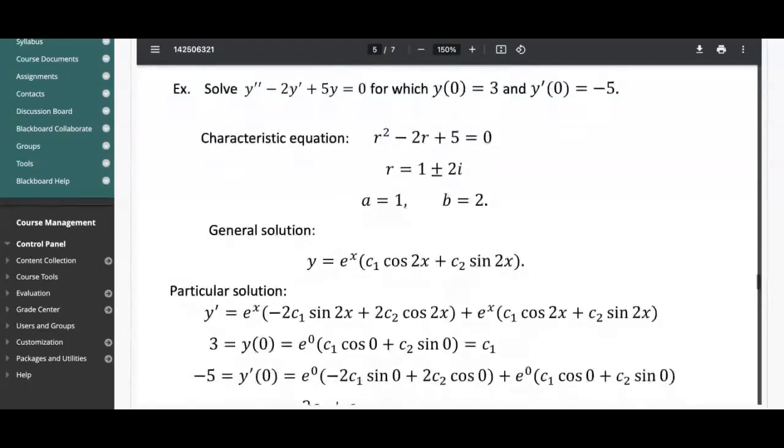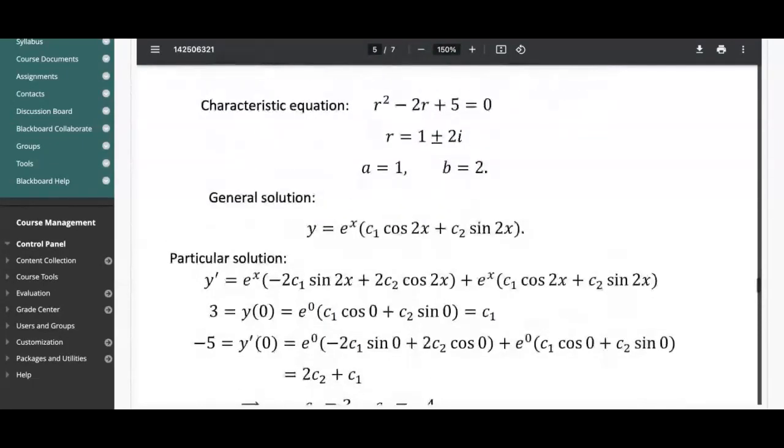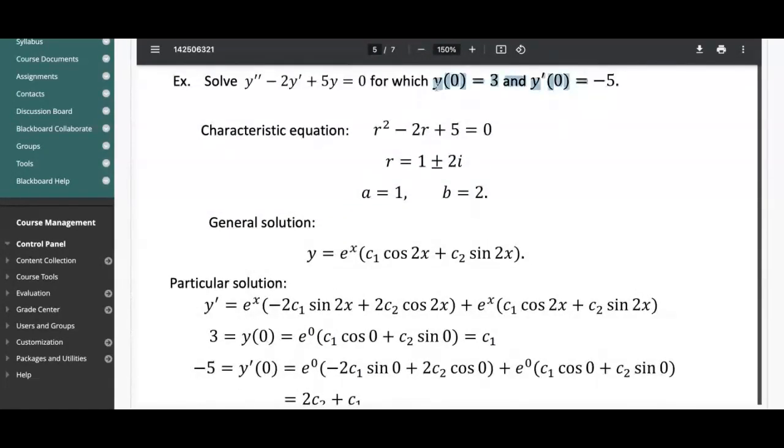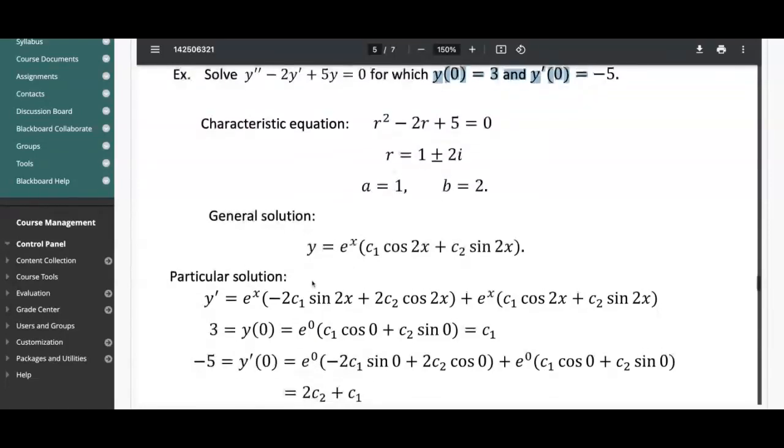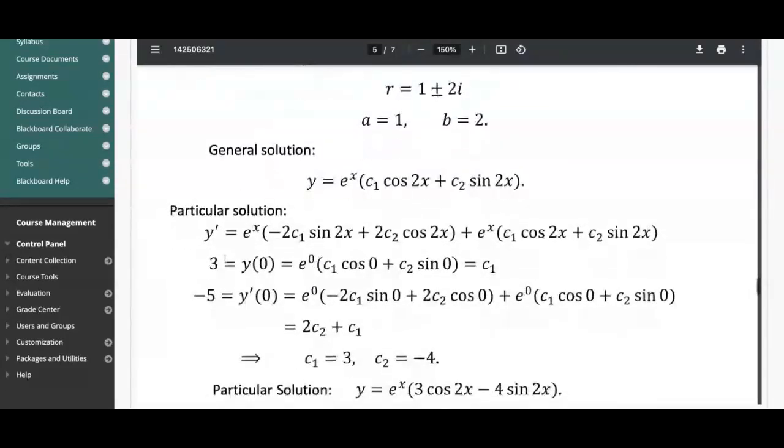Well, we have two initial conditions given. We can solve for a unique solution. So y prime, plug in the initial condition y of 0 equals 3, plug in y prime of 0 equals negative 5.